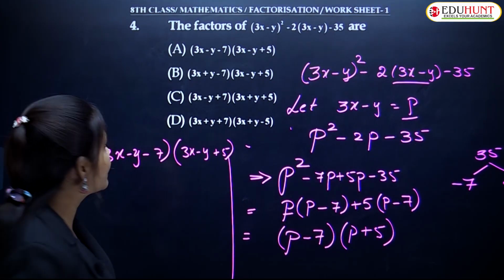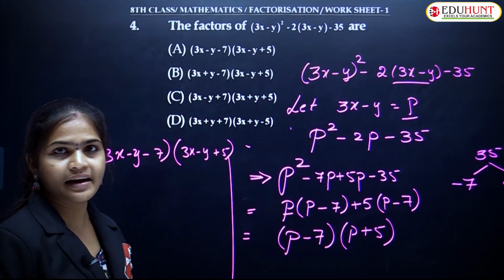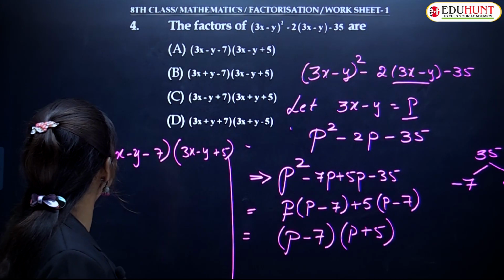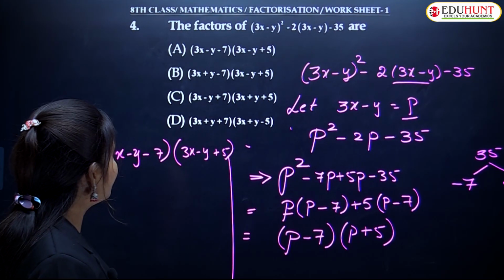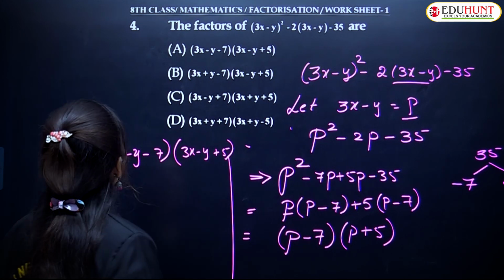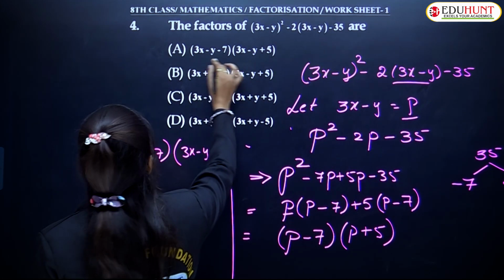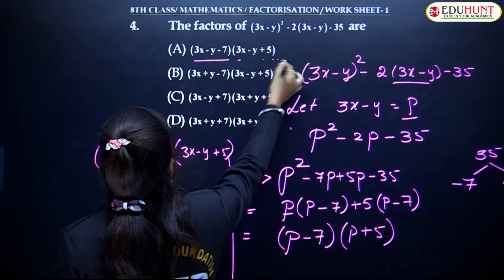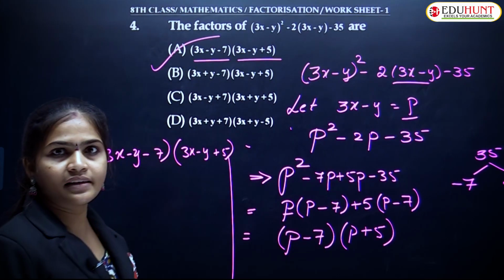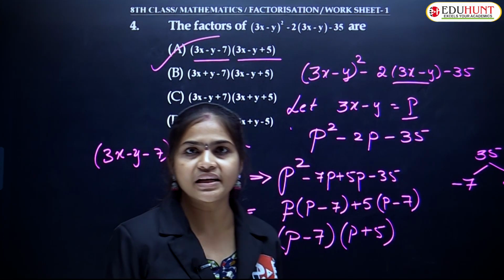These are the factors of the given expression. Understand? So which option is correct here? 3x minus y minus 7, 3x minus y plus 5. Option A is correct. Am I clear?